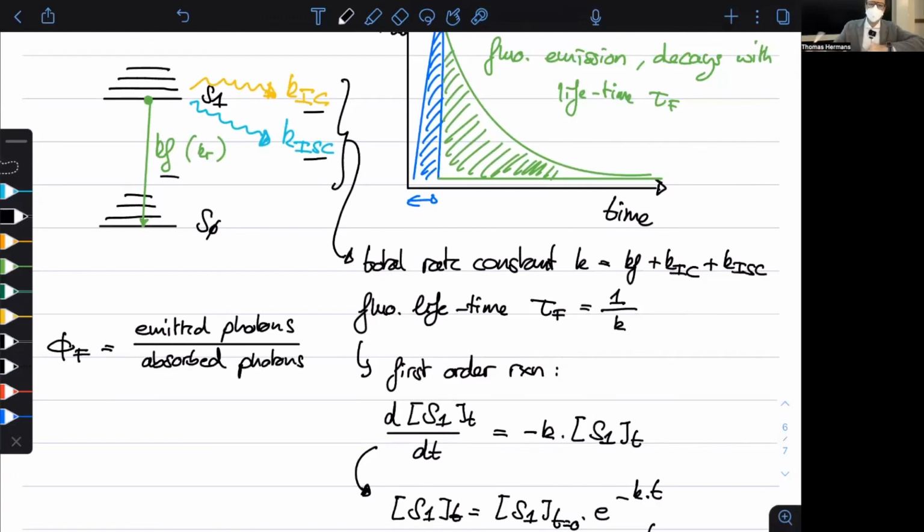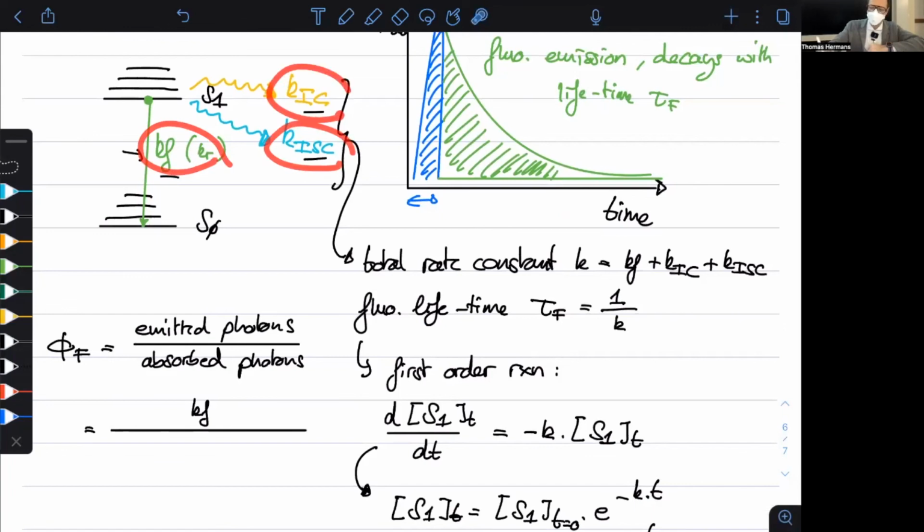So how do I know what's the total amount of emitted photons? Well, the only thing that emits radiatively is kf, right? So I have kf. And the absorbed photons are all the photons, right? So it's kf, it's k intersystem crossing, and k internal conversion, right?